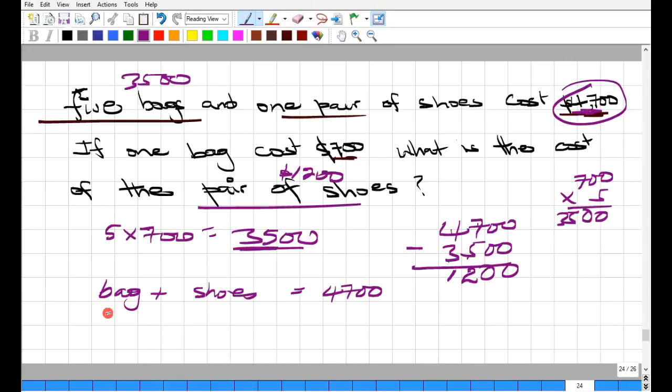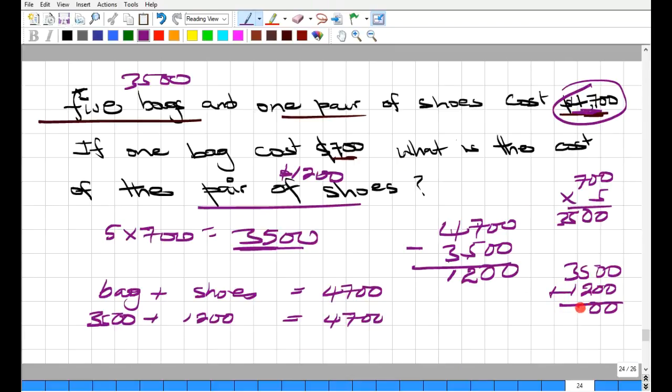We had that before. So the bags would be 3,500. We said that 1,200 would be the shoes, and we should get 4,700. 3,500, and we're adding to that 1,200, 4,700. We have 4,700 being equal to 4,700, and we know that we're good.